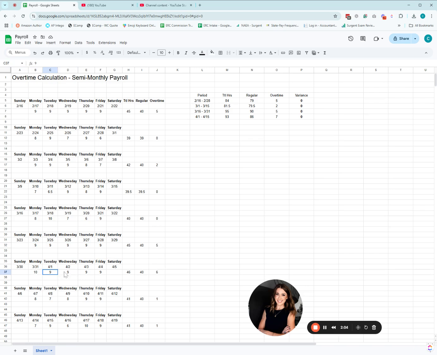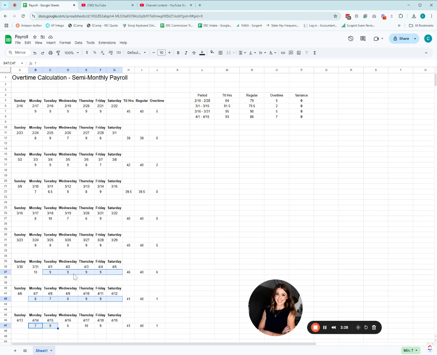Then when we go to 4/1 to 4/15, now we're splitting 2 work weeks. And so on this check, the business owner will have to pay for the hours worked 4/1 to 4/15, but they will have to use the hours worked in each work week for the calculation of overtime.